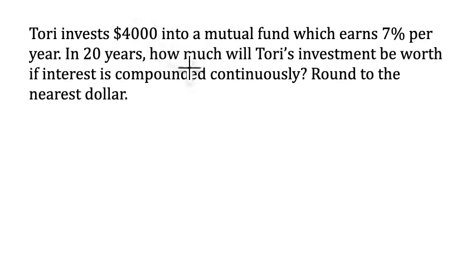So Tori invests $4,000 into a mutual fund, which earns 7% per year. In 20 years, how much will Tori's investment be worth if interest is compounded continuously? Round to the nearest dollar. All right, so here's our compounded continuously formula. A equals the principal, multiplied by e raised to the power of the interest rate, multiplied by time.